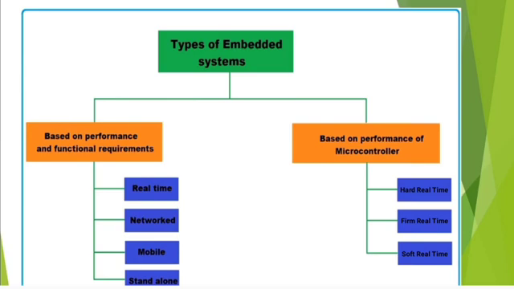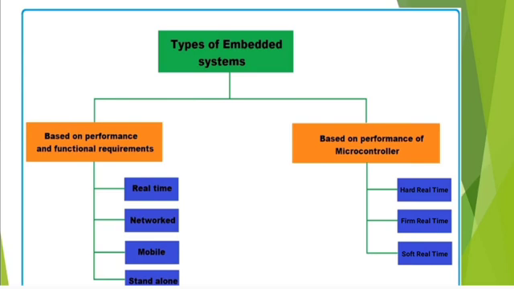First, hard real-time embedded system. In hard real-time embedded system, the delays are strictly followed. Examples are airbag and pacemaker. Second, firm real-time embedded system.